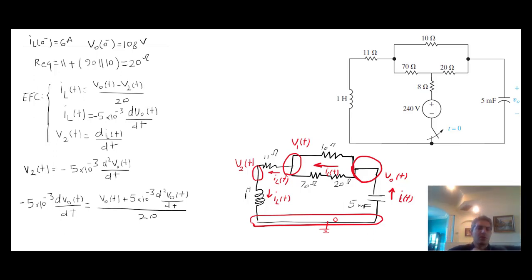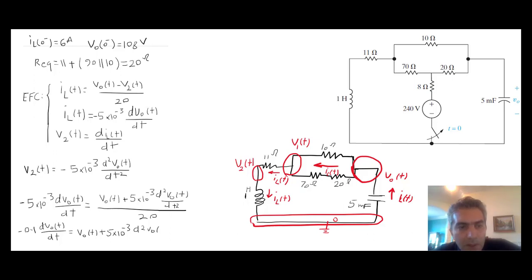So there you go, this equation is only a function of V out. Multiply both sides by 20, so that would be minus 100. Now 100 times 10 to the minus 3, that would be minus 0.1 dV out t dt is equal to V out t plus 5 10 to the minus 3 d2 V out, this is d2 dt2, sorry, d2 V out t dt2.